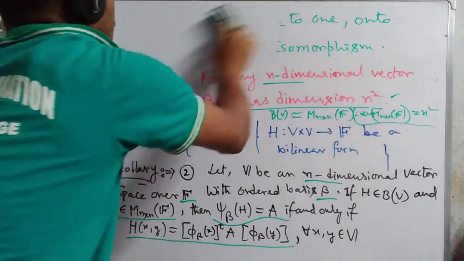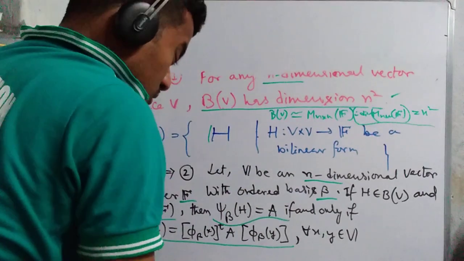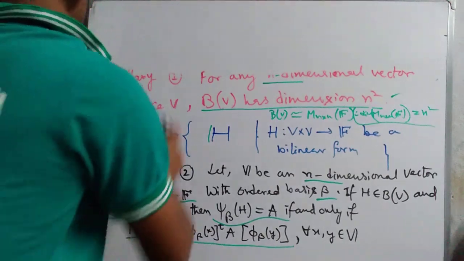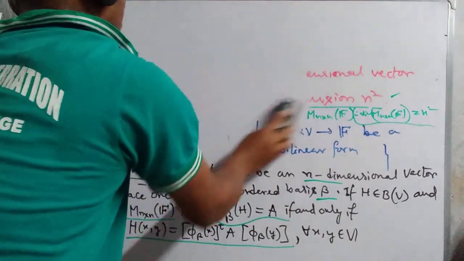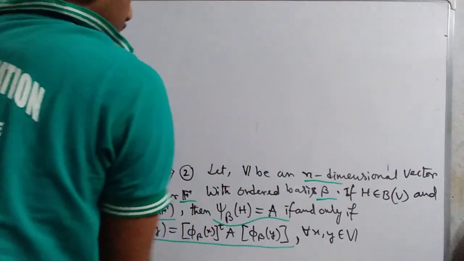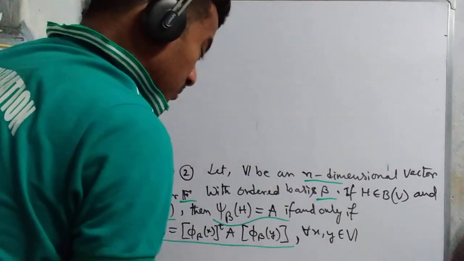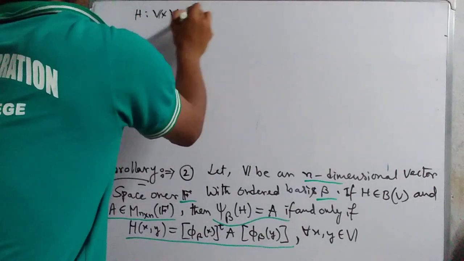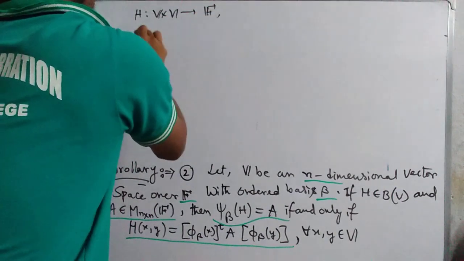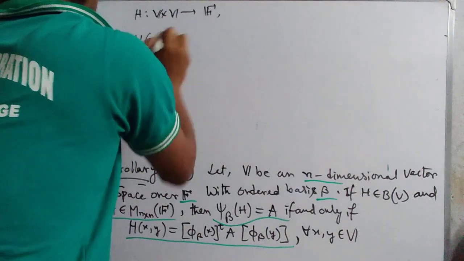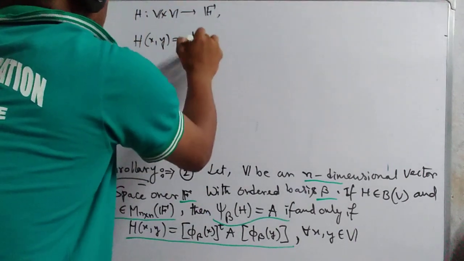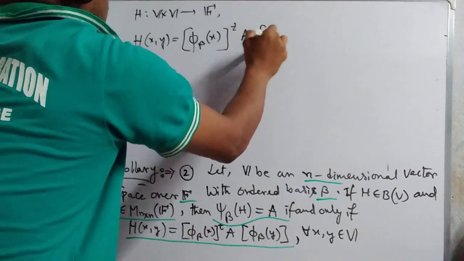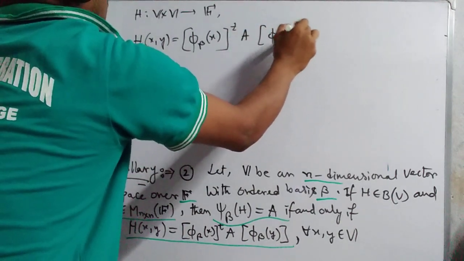So in the theorem we also do it, we discuss it now. In the theorem we have H from V cross V to F. What happened: H of x, y equals phi beta of x whole transpose A phi beta of y, understood?